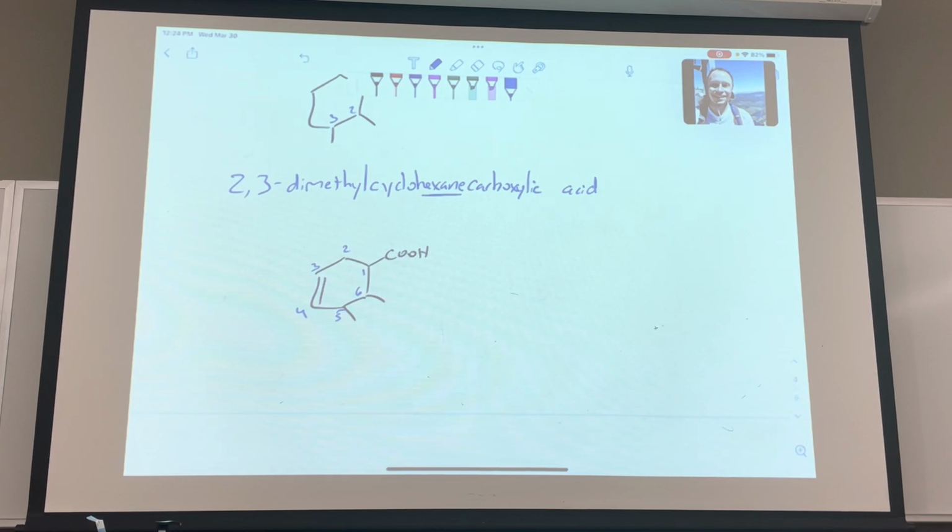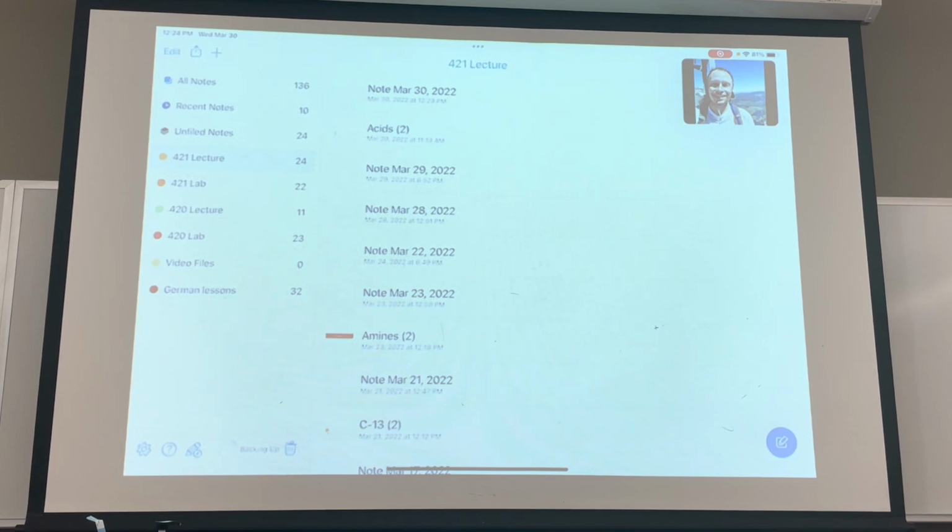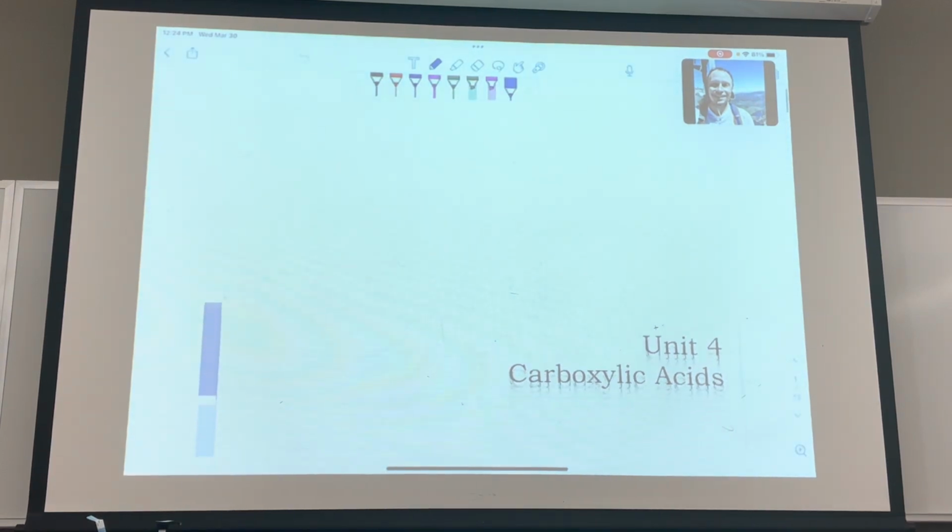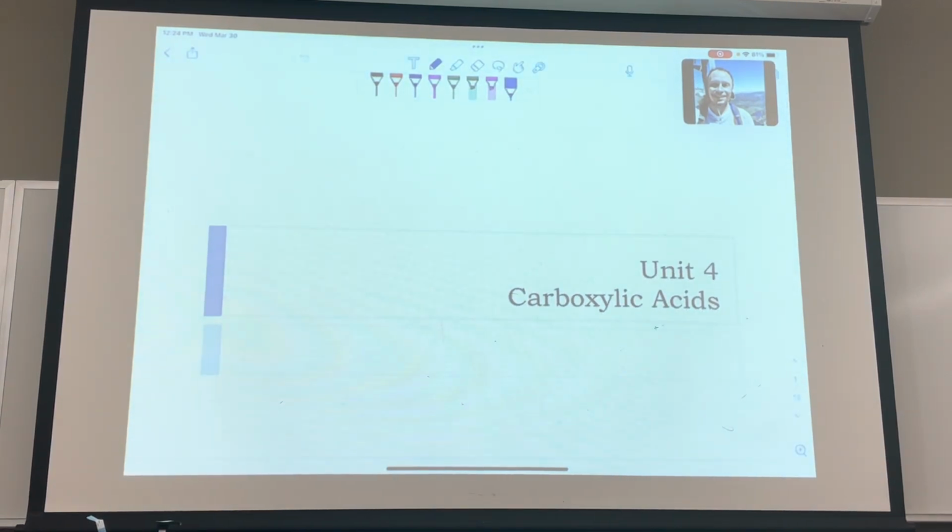Okay, I'm gonna switch over to my slides for just a second because I wanna illustrate a point for you. So we just went through and talked about how you handle the IUPAC naming of carboxylic acids. You should be aware that there are several of these carboxylic acids that almost never go by their IUPAC name.